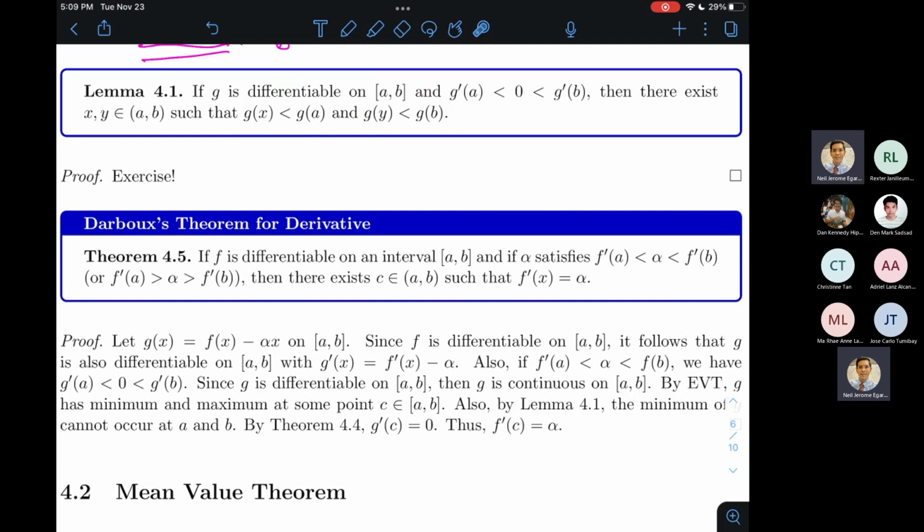Okay. So ano lang yung sinasabi ng Lemma 4.1? Kapag ka meron tayong differentiable functions sa closed interval AB, where the derivatives G prime of A and G prime of B are of opposite signs. Okay. So yung G prime of A ay negative, yung G prime of B ay positive, then G of A nor G of B can be absolute minima on the interval AB.